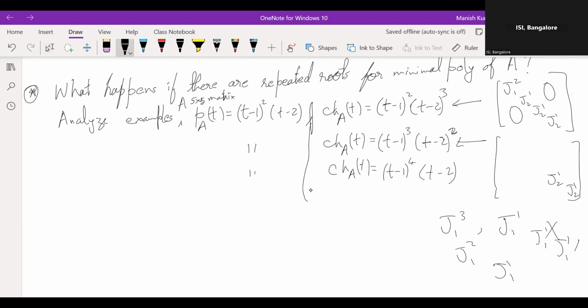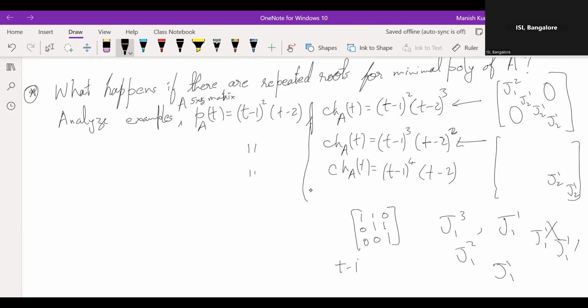What is the minimal polynomial for J13? J13 looks like this. So you should look at t minus 1.